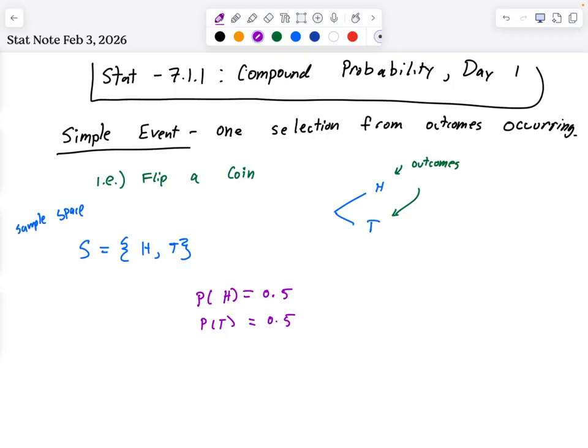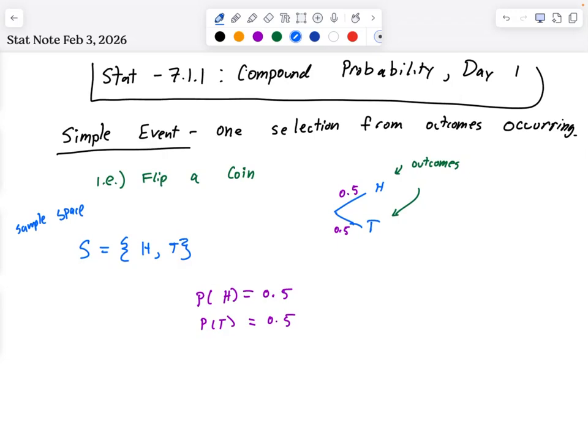Now I'm trying to get you to see, as we get a little more detailed tomorrow in our notes, we can write this over here. 0.5, 0.5. Now notice what I did here. The probability of a heads is 0.5, and I write it along the line. And the probability of a tails is 0.5, I write it along the line. So as we expand these to compound probabilities, you'll see why and what I'm writing up there.